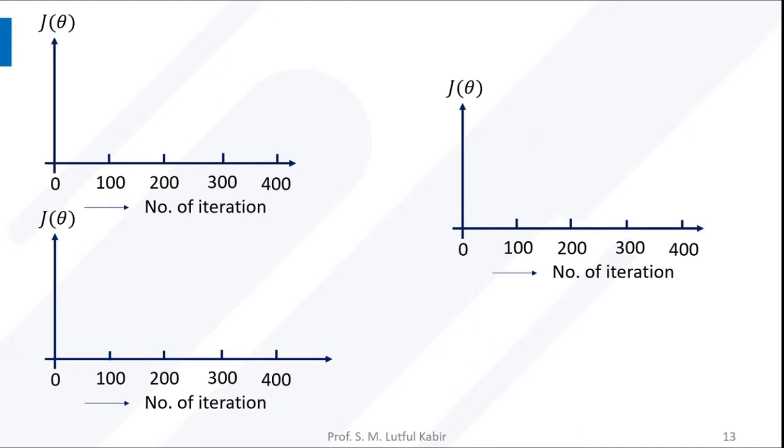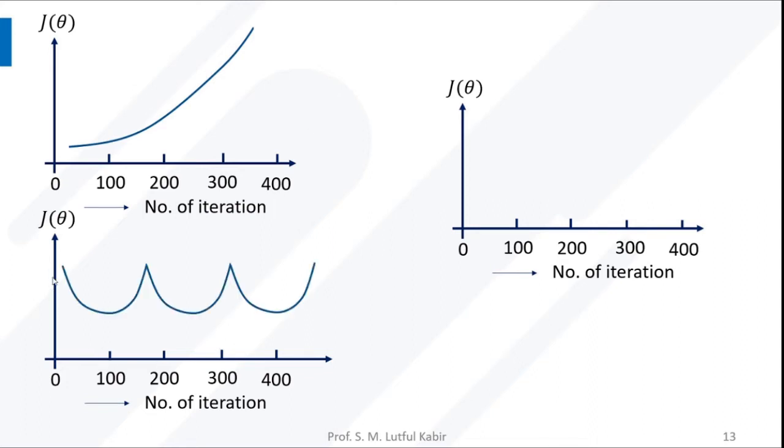There may be a case where J(theta) will increase after every iteration. For example, this curve shows the value of J(theta) increases with the number of iterations. After 100 iterations the value of J(theta), and after 200 iterations the value of J(theta) is larger than the previous value. So if J(theta) increases gradually, it means it will not converge.